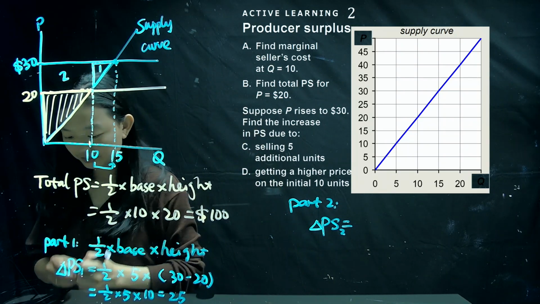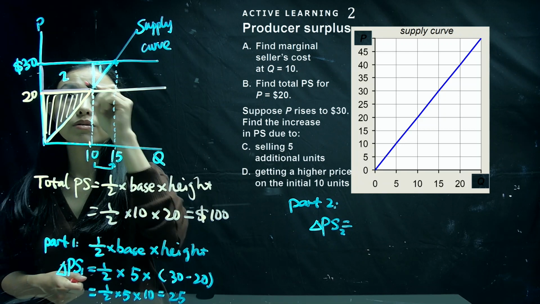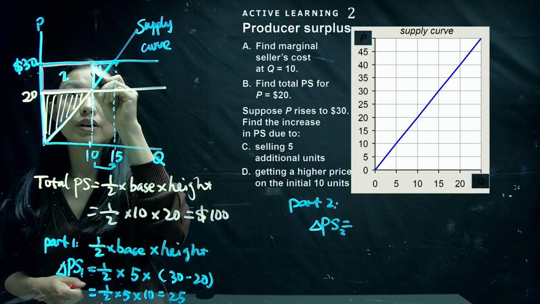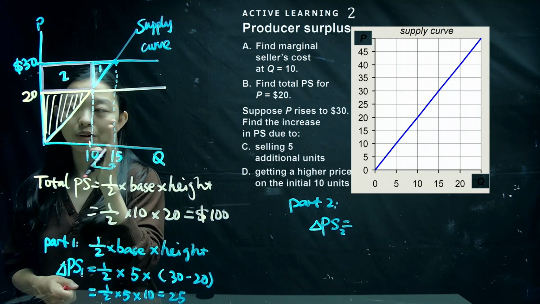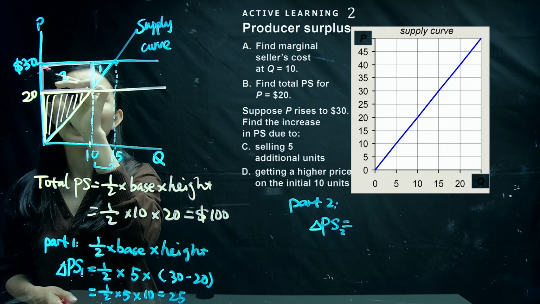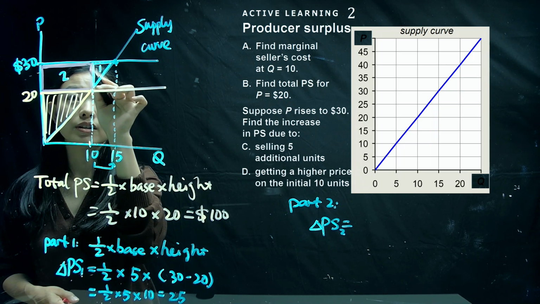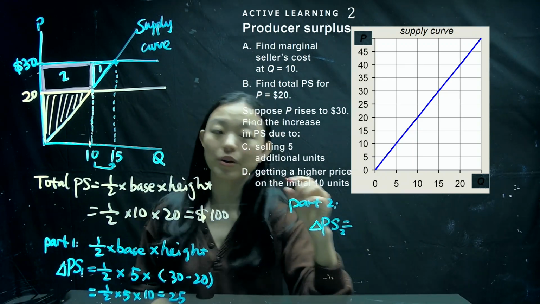This rectangle here measures the sellers who still sell 10 units. They now enjoy a higher price and their producer surplus increases.